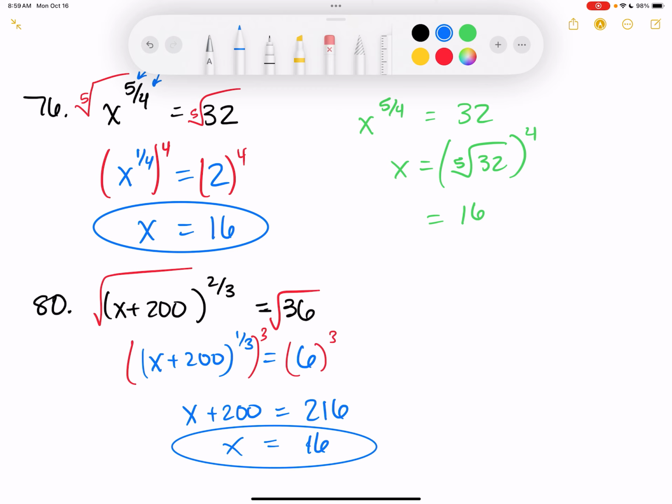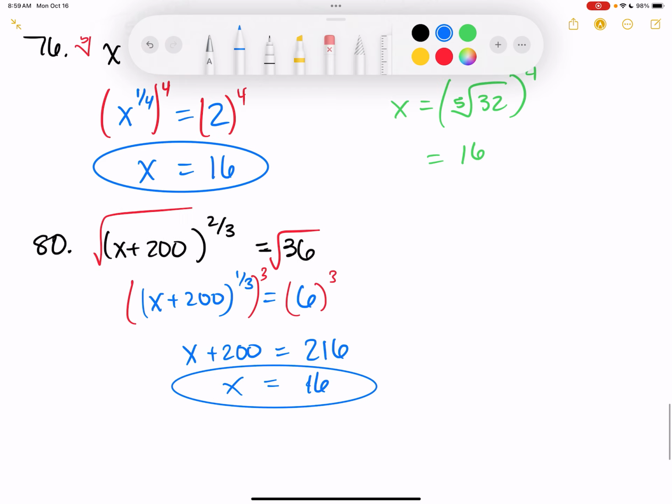All right, any questions about those? Anything? All right, so then problems are going to be 45. Oh, no, not 50. 45.